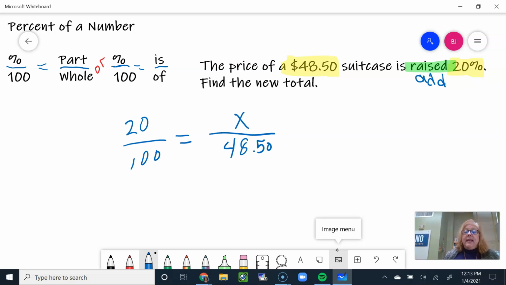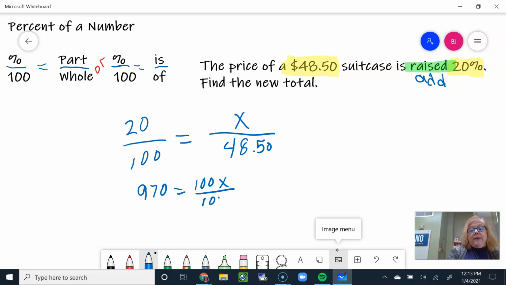So here's our x, and to solve for x, once again, we have to cross multiply and then divide. So 20 times $48.50 is going to equal 970. Okay? So we have 970 equals 100x.